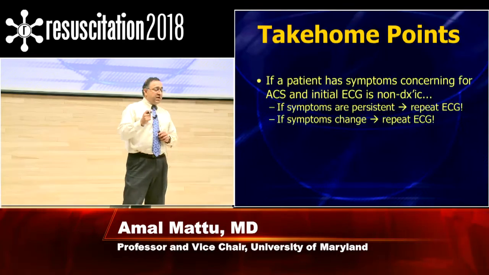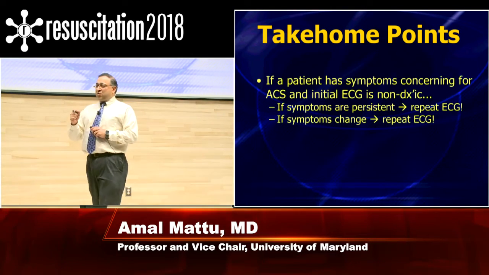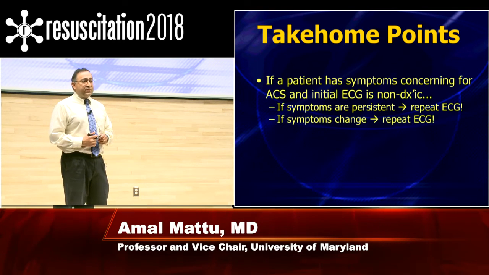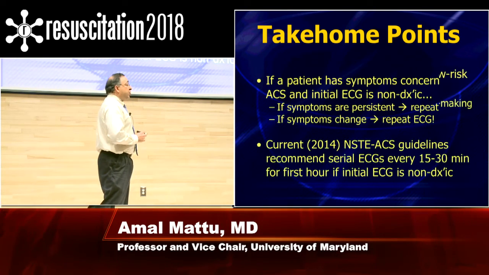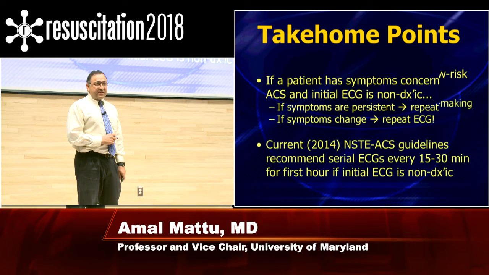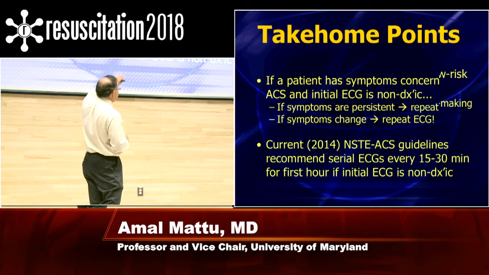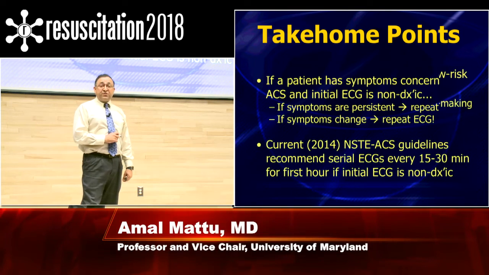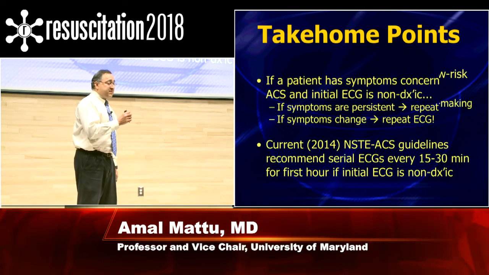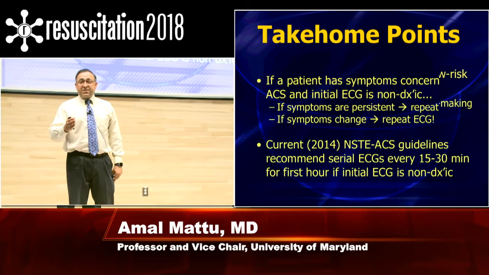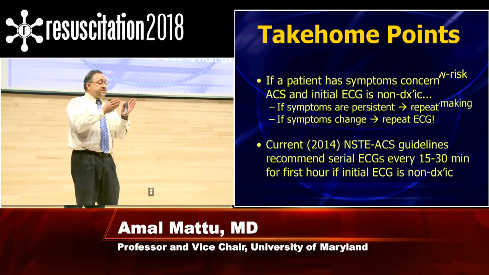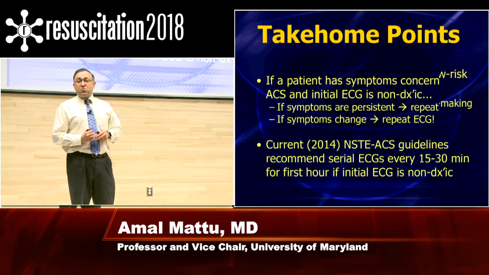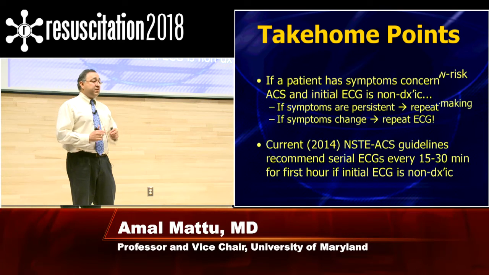So key point here, when somebody has ongoing symptoms or you just have that gut feel that something might be going on, don't settle for that initial normal 12 lead EKG. And by the way, the current national non-STEMI guidelines specifically say that we're supposed to be doing serial EKGs every 15 to 30 minutes for the first hour. In other words, if somebody has ongoing chest pain and a non-diagnostic first EKG, you're supposed to get at least one or two more over the next hour before you call it quits.